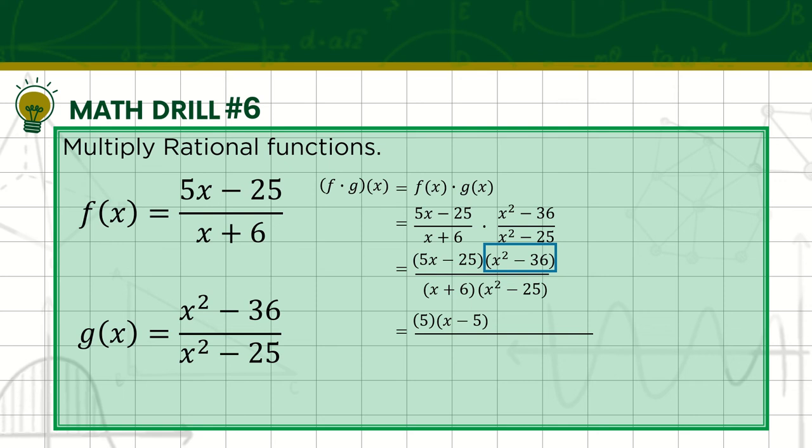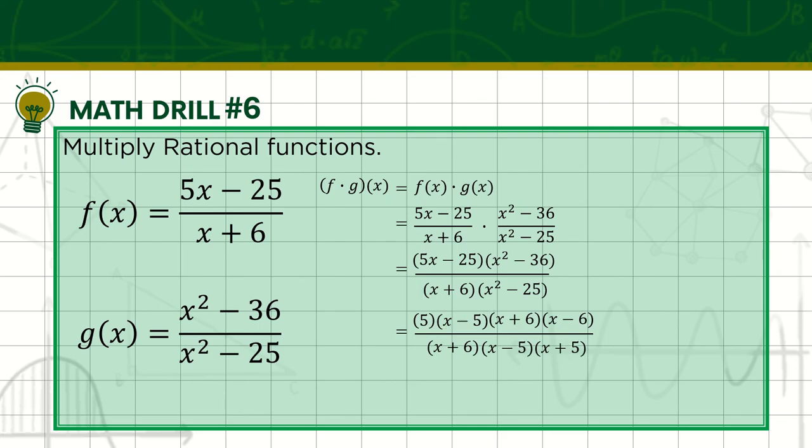The factors are x plus 6 times x minus 6. And here, x plus 6 doesn't have any factor, therefore we need to rewrite x plus 6. And for x squared minus 25, the factors are x minus 5 times x plus 5.